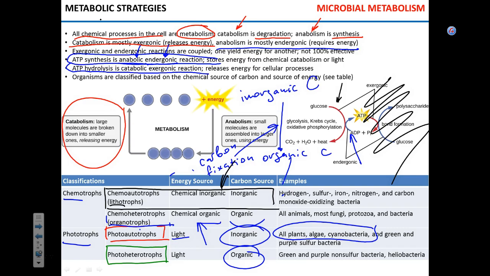So they use an inorganic chemical source. Believe me, they oxidize hydrogen sulfide to sulfuric acid not because it's awesome. They do it because light and organic matter are not abundant where they live. Make sense? For that same reason, they have to fix inorganic carbon to produce elementary building blocks of biological macromolecules, because organic carbon is really, really scarce in their habitat.